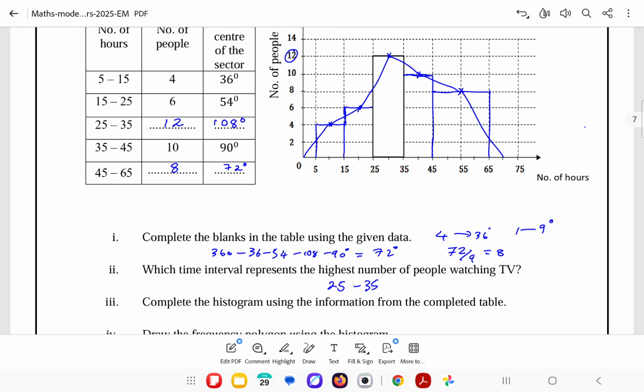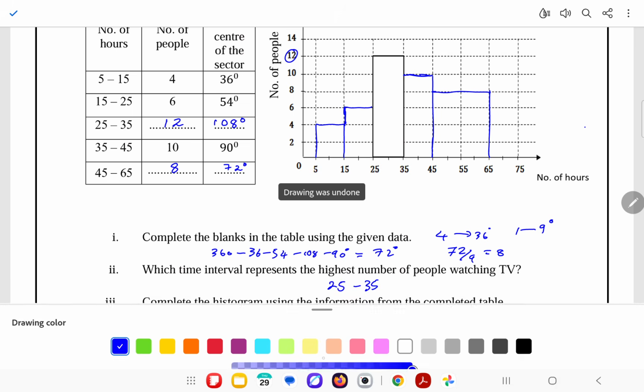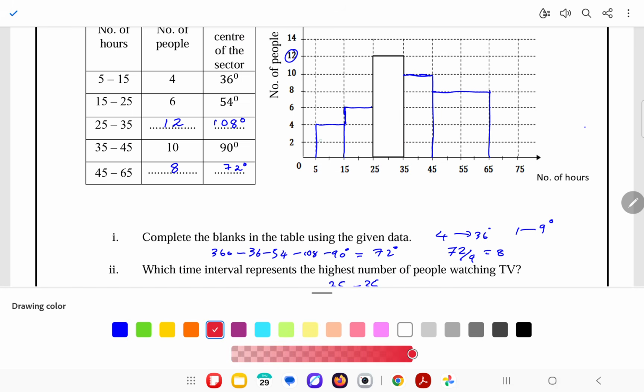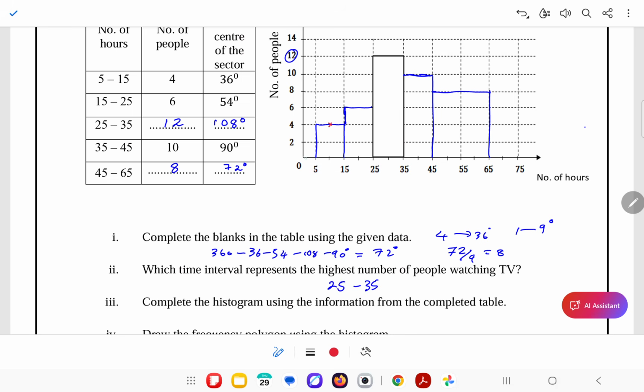So my lines are not straight. Better to use a ruler and draw some straight lines. Right. Let's draw it properly.